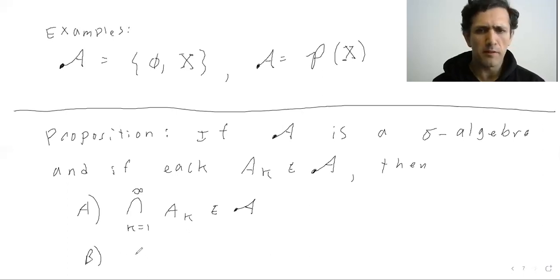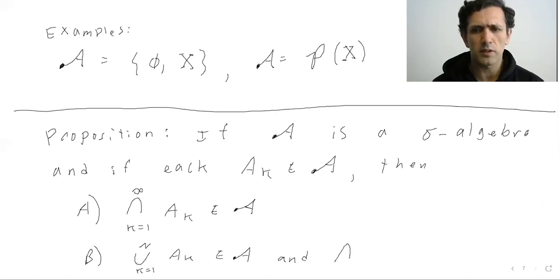B, finite intersections are also preserved. If big N is a positive integer, then both of these are in script A.